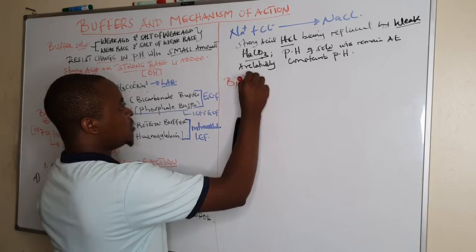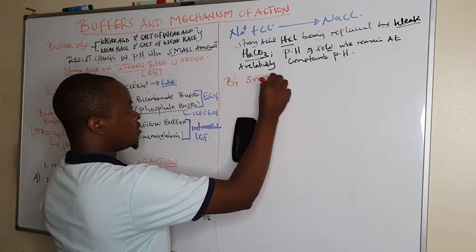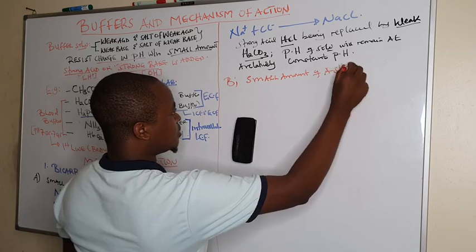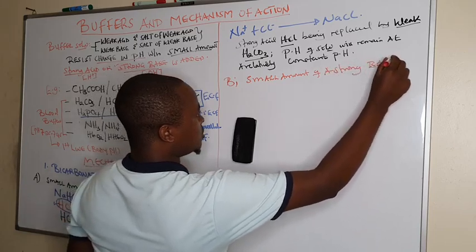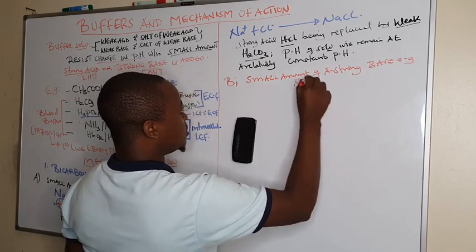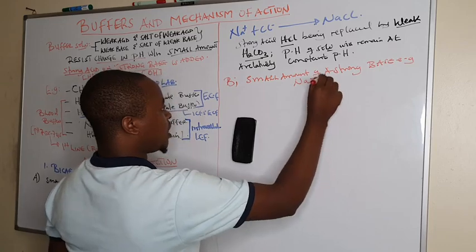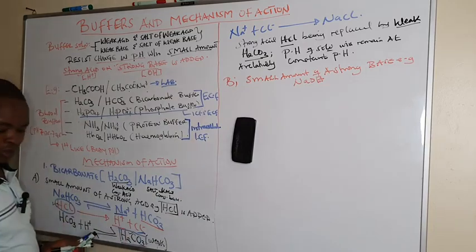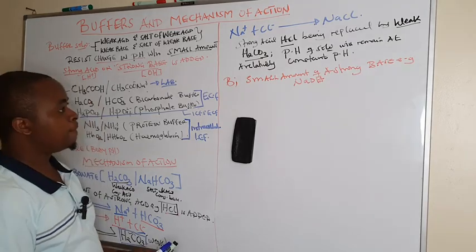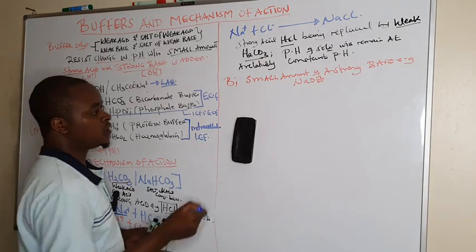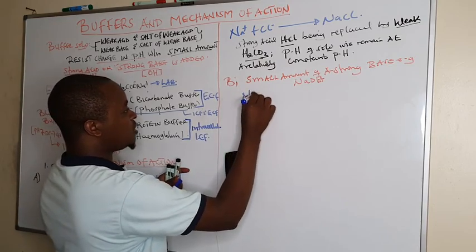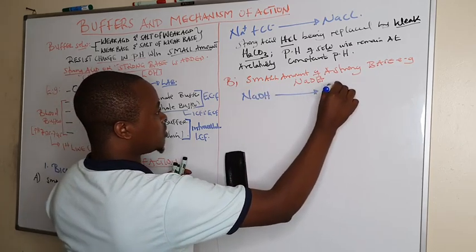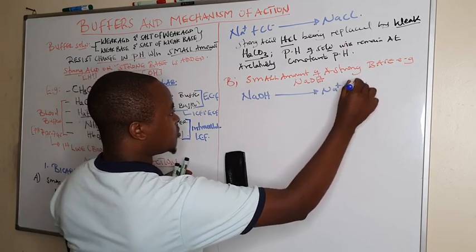In case a small amount of a strong base is added, e.g. sodium hydroxide, if at this point we add a small amount of a strong base to this buffer solution, we are going to see that the sodium hydroxide which we have added is going to dissociate completely to give sodium ions plus hydroxyl ions.